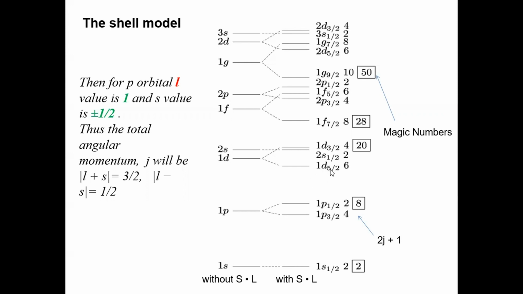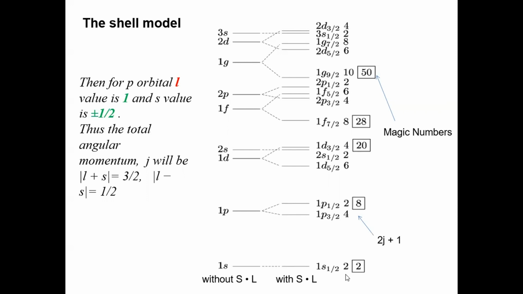Similarly, 1d 5 by 2 means 5 by 2 multiplied by 2 plus 1 is equal to 6. 1d 3 by 2 is actually 4.